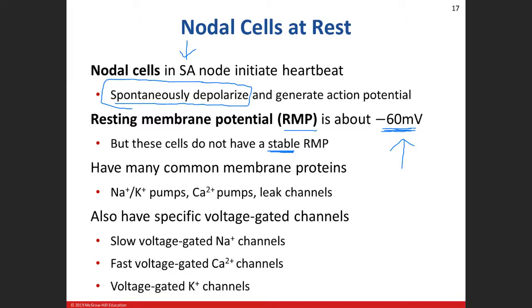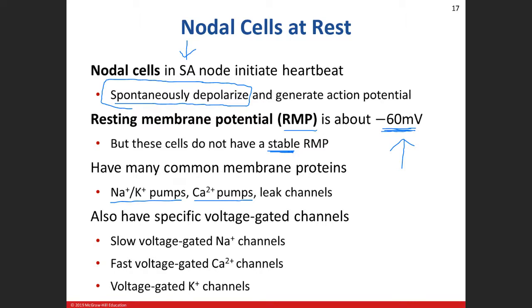All right, so a little review, okay? These cells are similar to some of the other nervous cells that we've talked about, like a neuron, okay? They have the same membrane proteins. Remember this guy? Sodium-potassium ion pump, 3 sodium out, 2 potassium in for 1 ATP, okay? So we have that. Calcium ion pumps, we saw that before.